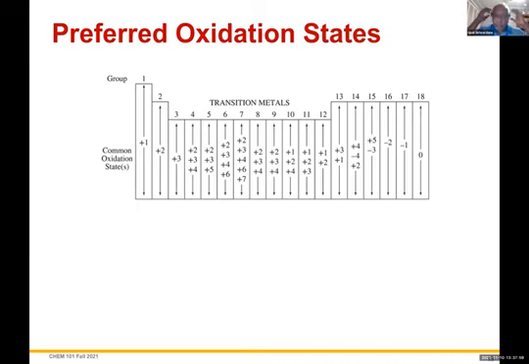Different oxidation states are used in electrochemical, galvanic cells. The oxidation states are given in the form of the periodic table. Here we have gone over some of that. Group 1A is positive 1: sodium, potassium, lithium. Calcium is 2+, magnesium is 2+, and the transition metals have a variable oxidation state, more than one.